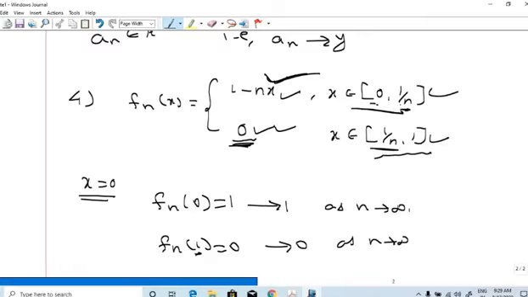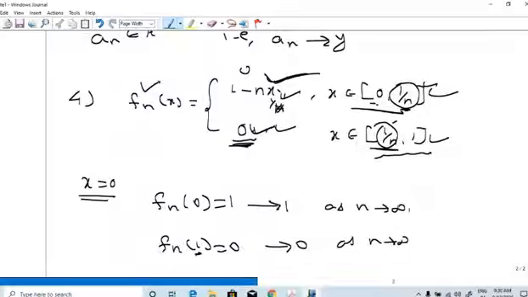Now for the endpoints, what are the endpoints? 1 by n. At 1 by n, both the functions have the same value. If we substitute x equal to 1 by n here, 1 by n and n cancel, we get 1 minus 1, which is 0. This is always 0. Therefore, at the endpoint 1 by n, the two functions agree. By the pasting lemma, we get a continuous function. Therefore, each fn of x is a continuous function.